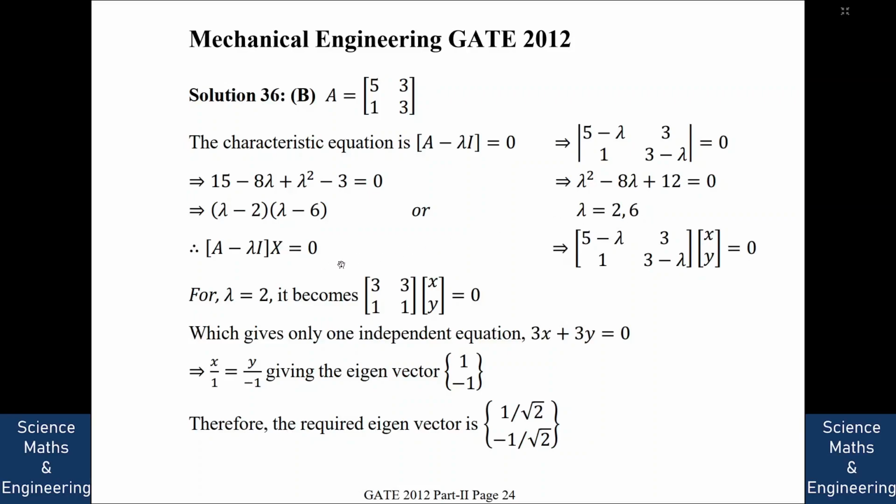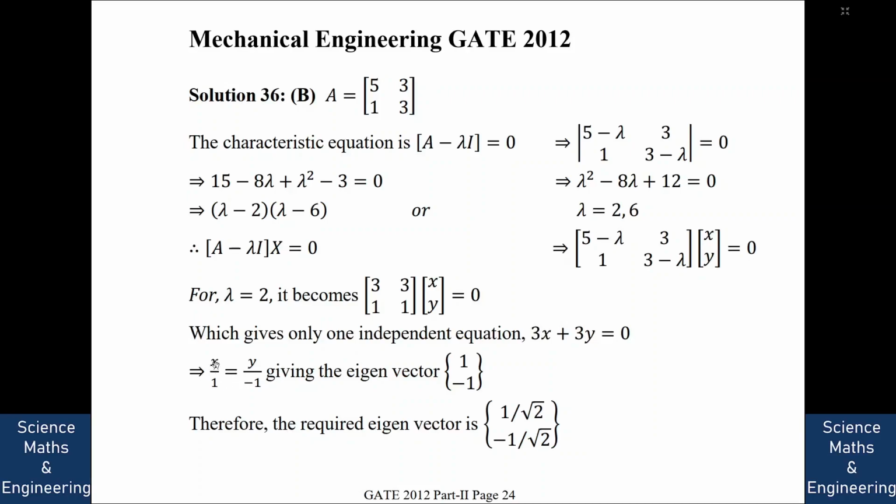Okay. Now A minus lambda I into x equal to 0. So if you put here, we get this matrix. Then for lambda equal to 2, we get 3, 3, then 1, 1. So which gives one independent equation, 3x plus 3y equal to 0.